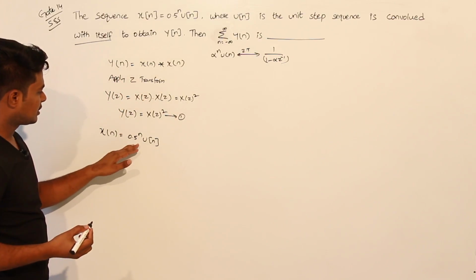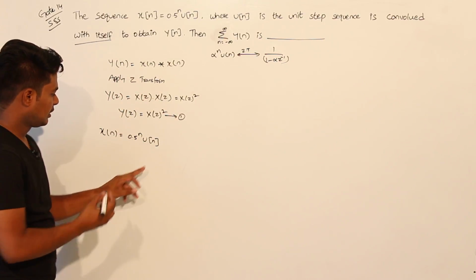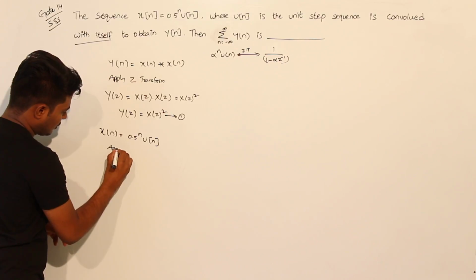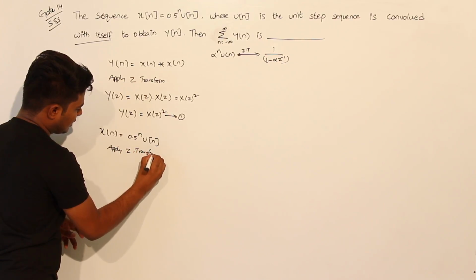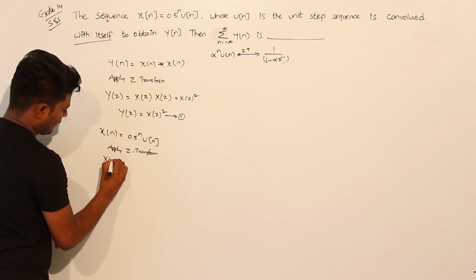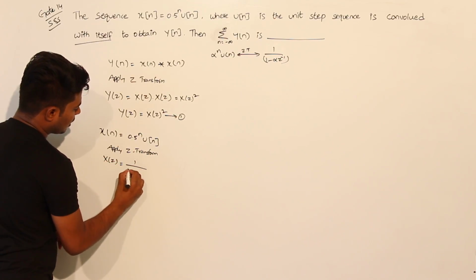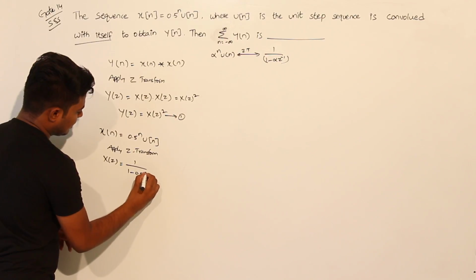So apply z transform to get X of z as 1 by 1 minus 0.5 z inverse.